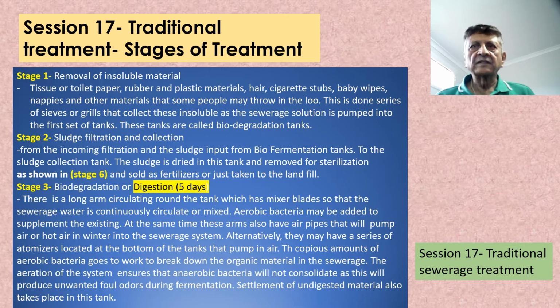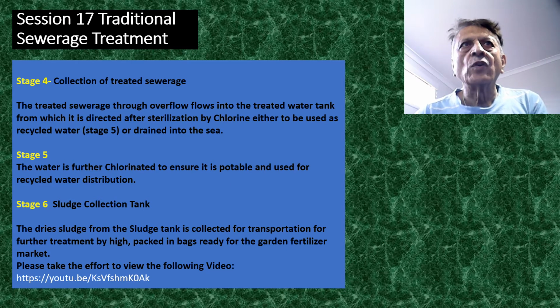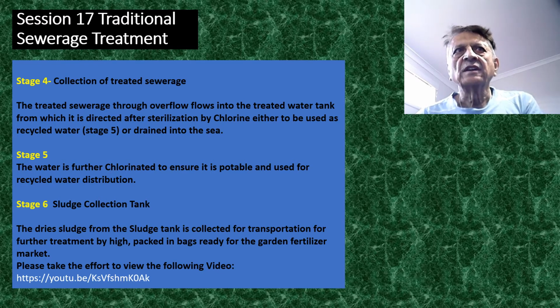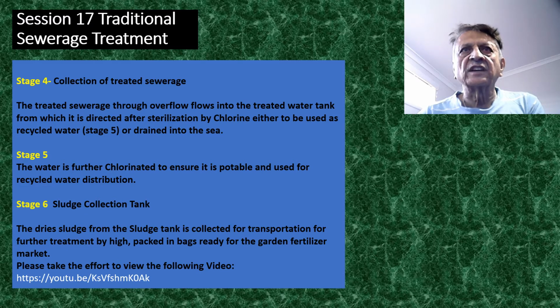During the period, there could also be some settlement of undigested material that can be taken off as sludge. In stage 4, the treated sewage flows through overflow into the treated water tank, from which it is directed after sterilization by chlorine either to be used as recycled water, which is shown in stage 5, or drained into the sea.